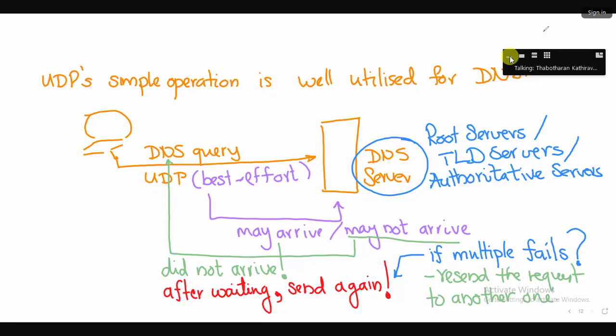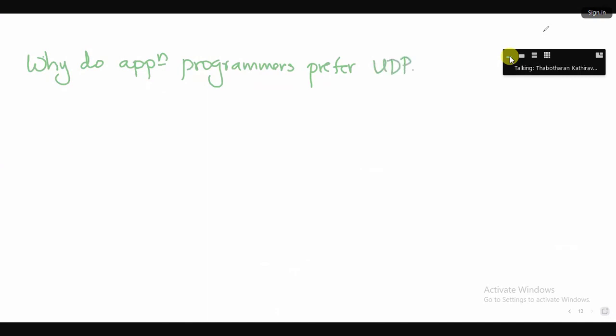And one more thing. We have been looking at UDP and its simpler operation. Why do application programmers prefer UDP over TCP?